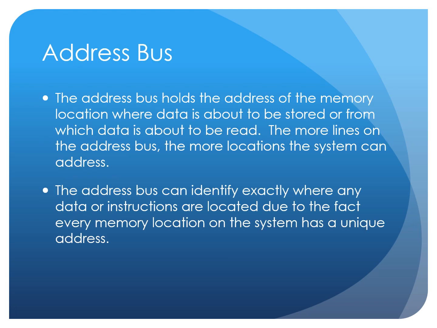Let's start off with the address bus. The address bus holds the address of the memory location where data is about to be stored or from which data is about to be read. The more lines we have on the address bus, the more locations the system can address.